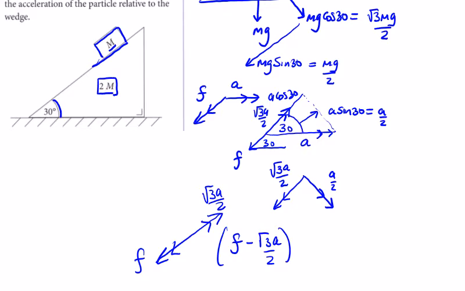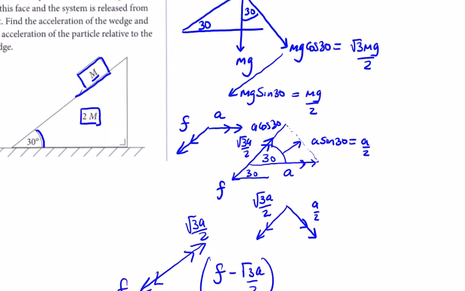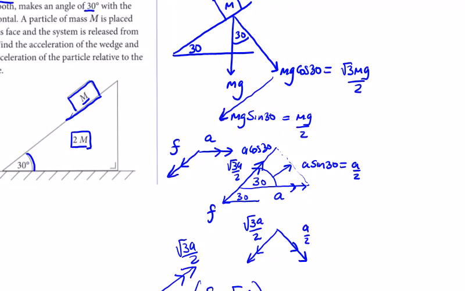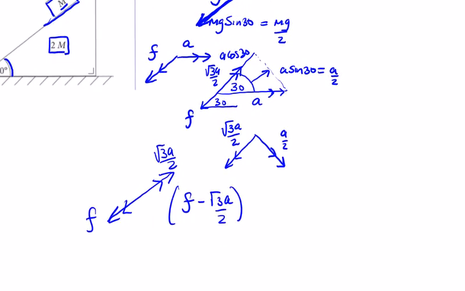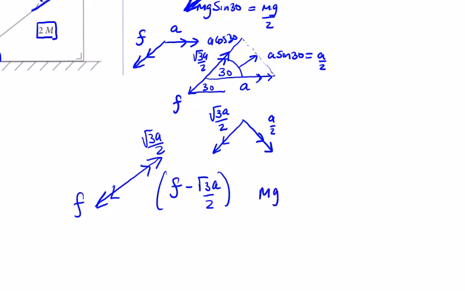So my forces equation parallel to the slope: we've only got this mg over 2 going on. So mg over 2 is equal to m times the acceleration, which is f minus root 3a over 2.